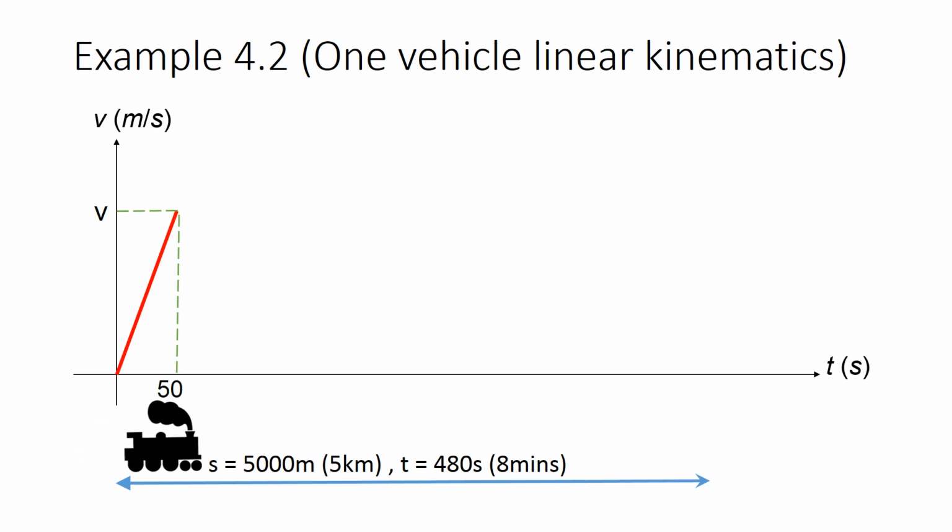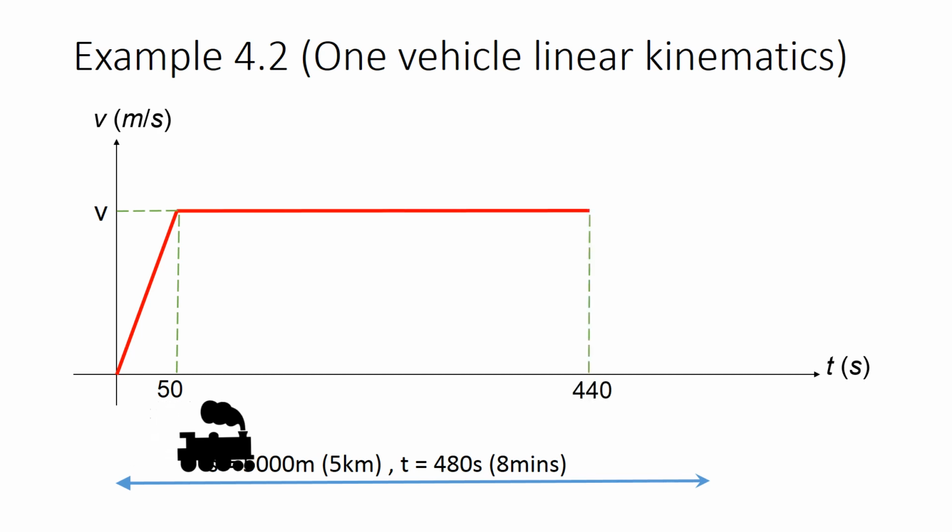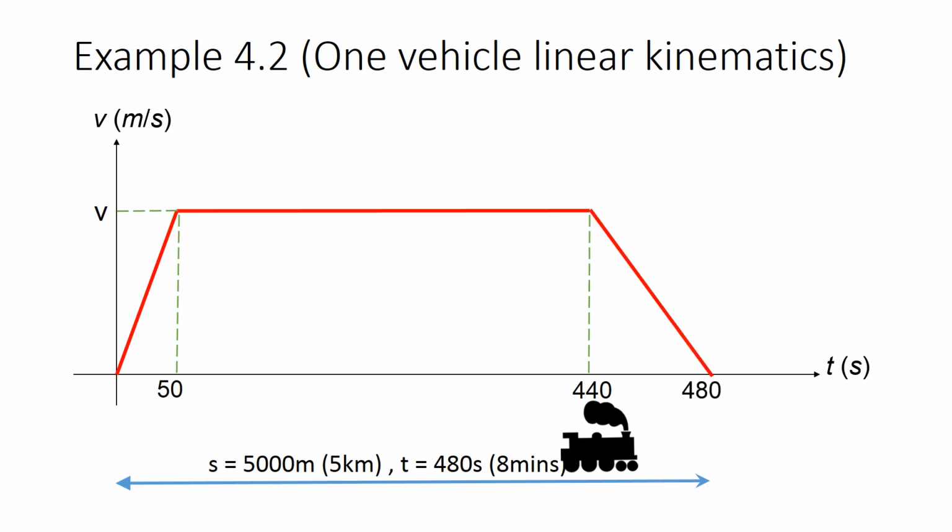During the remaining portion of the journey, it maintains a uniform velocity. And in the very last 40 seconds, the train retards to a complete stop. And this is the VT graph for the train in this example.